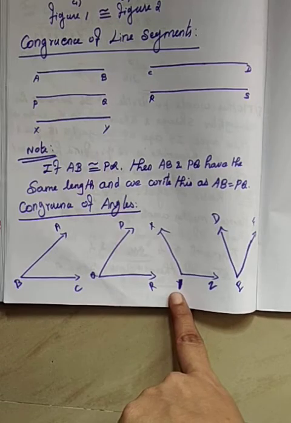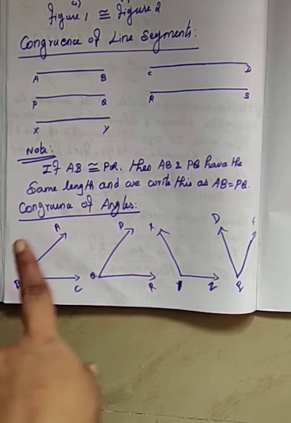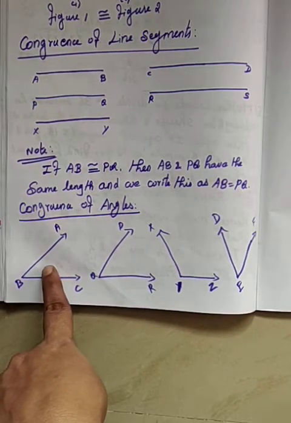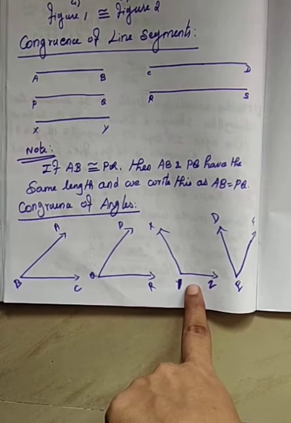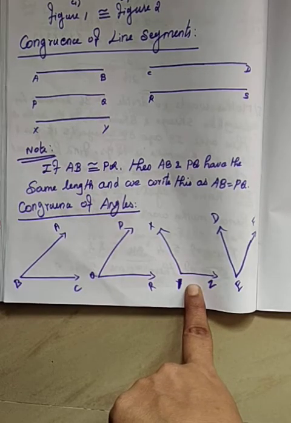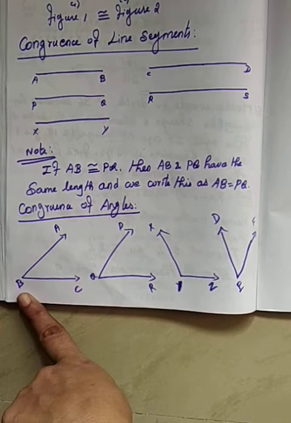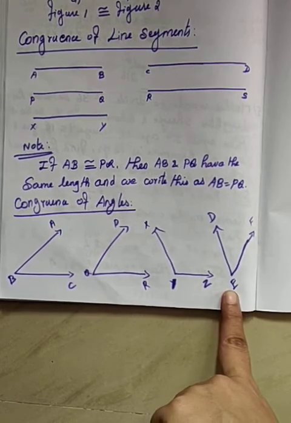This one is XYZ. You will observe that angle ABC and angle XYZ are not congruent. What about angle ABC and DEF?